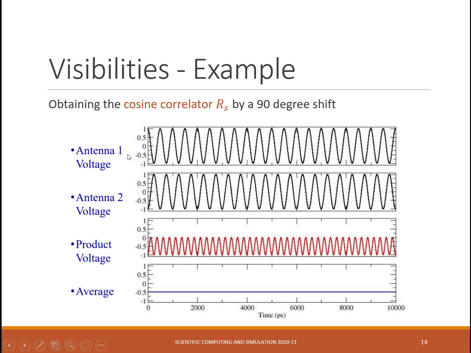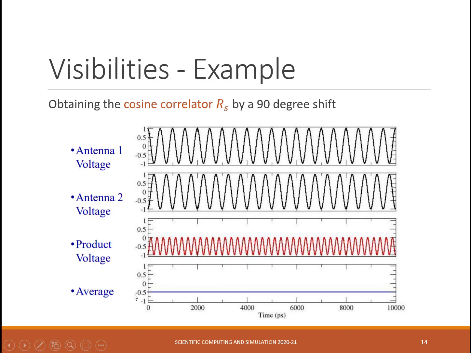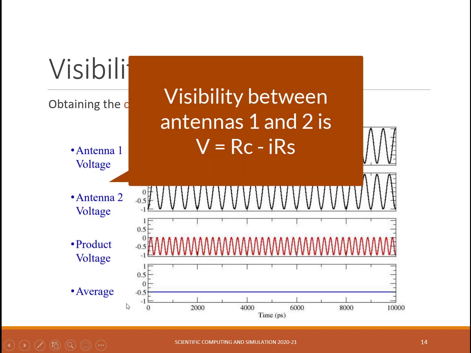In the next step, after shifting the second signal by 90 degrees, we multiply the two signals. By applying an average on the result, we obtain another single number which is the sine correlator Rs. As mentioned in slide 12, the visibility number between antennas 1 and 2 is equal to Rc minus i Rs.